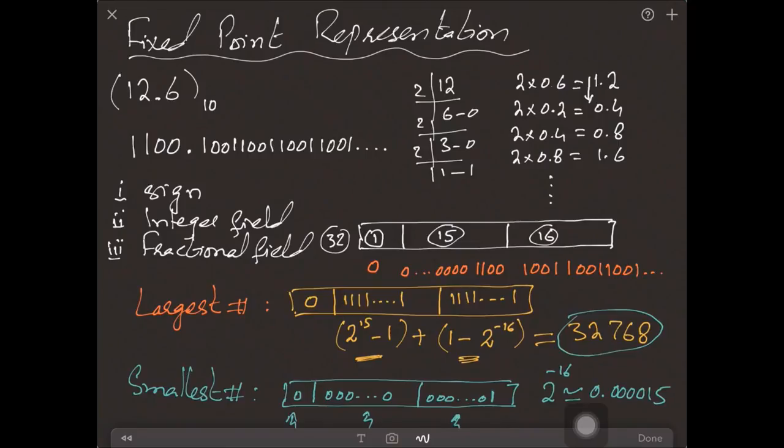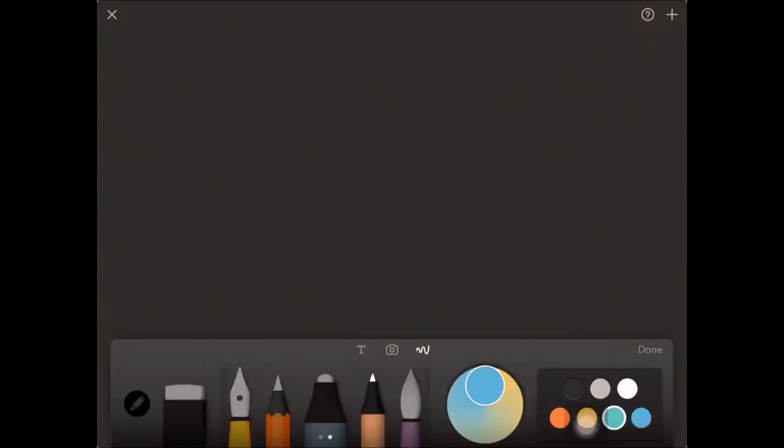So let's move on to another representation that is called the floating point representation, and that floating point representation was introduced in 1985. It has been accepted as a standard by IEEE. So let me write down IEEE standard for floating point.